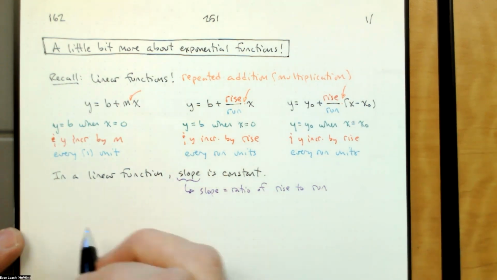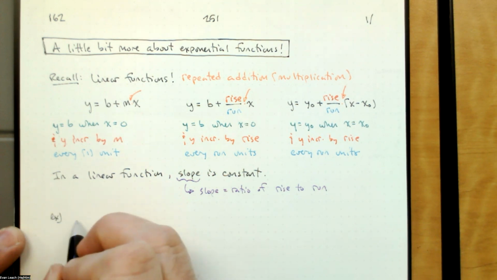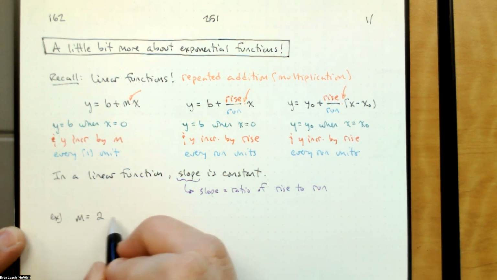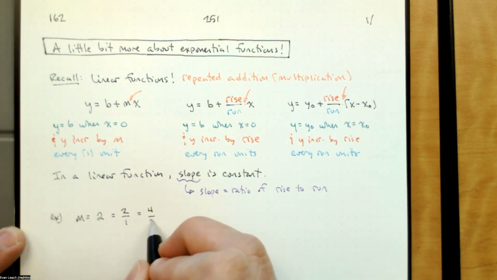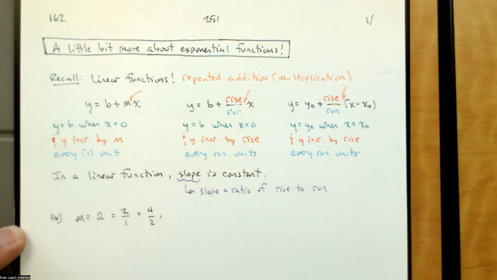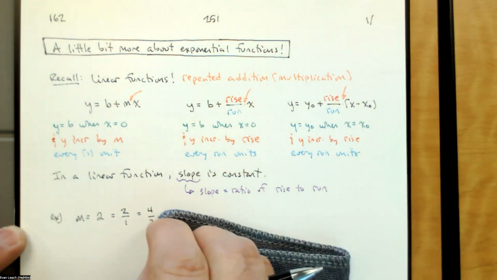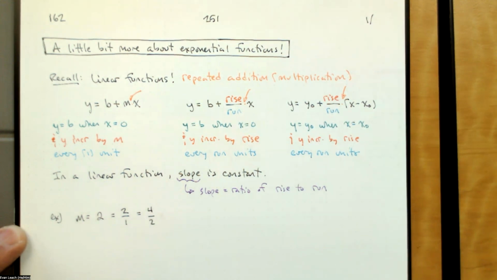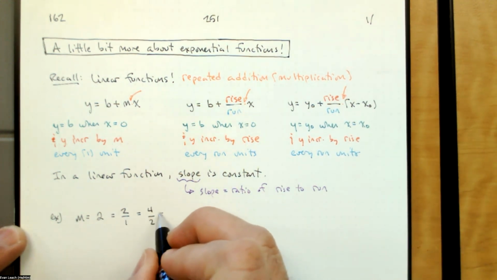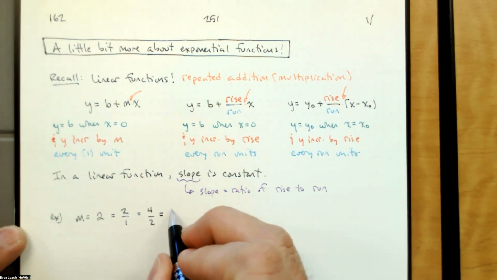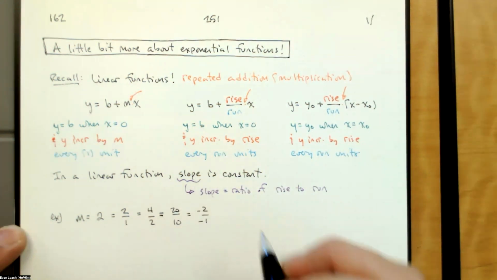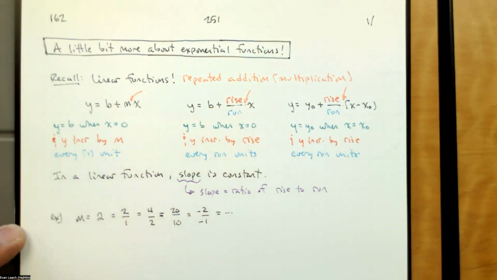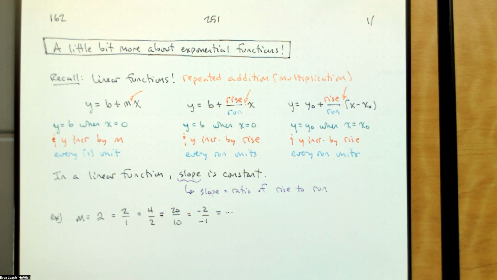Because if the slope is equal to 2, I can read that as 2 to 1, or 4 to 2, or 20 to 10, or -2 to -1. Because it's just a ratio, it's really easy to scale up and scale down.